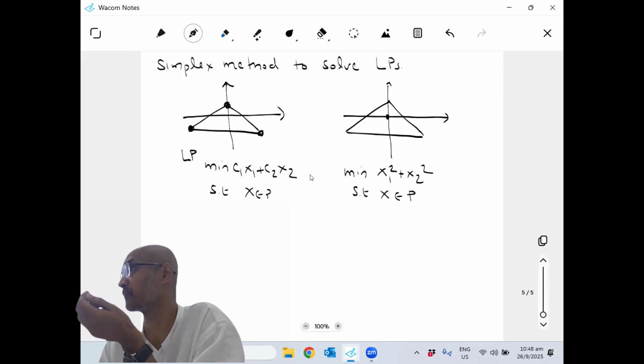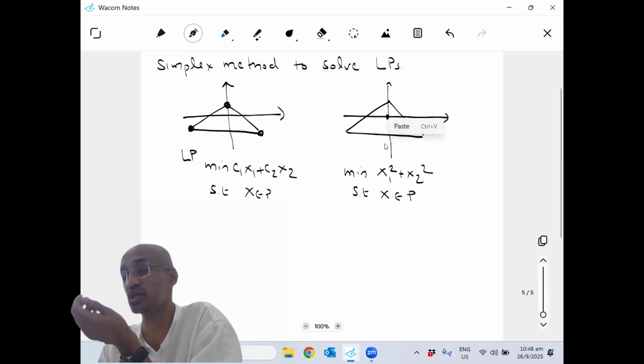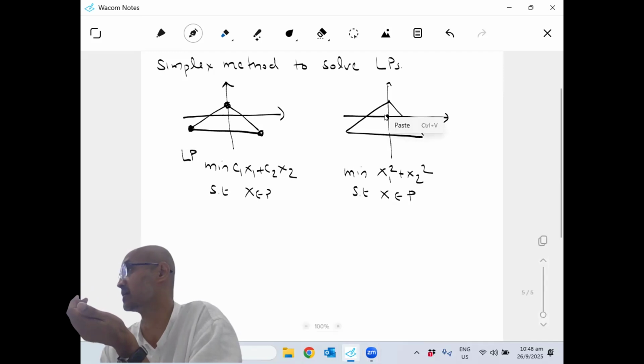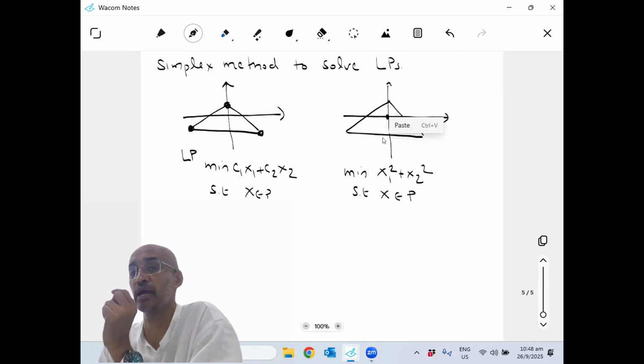This is a quadratic program. It's a quadratic function. If this is the origin, it's very clear what the optimal solution is because this is a non-negative number. The optimal solution can only be the origin. So in a quadratic program of this type, the optimal solution will be in the interior, and any of these points will not be optimum. So for linear programs, you can restrict attention to extreme points.